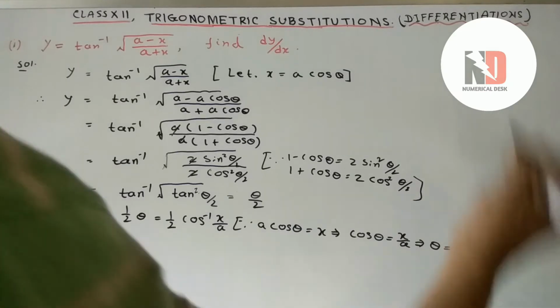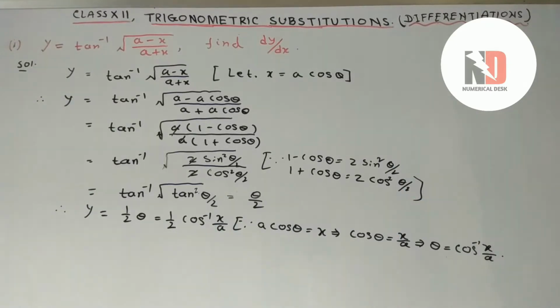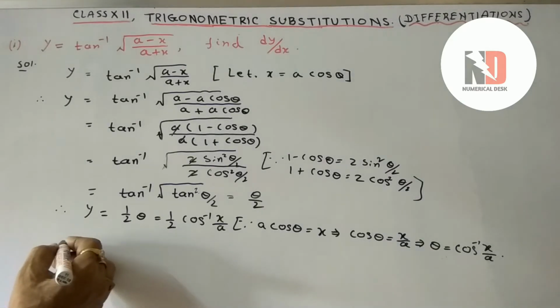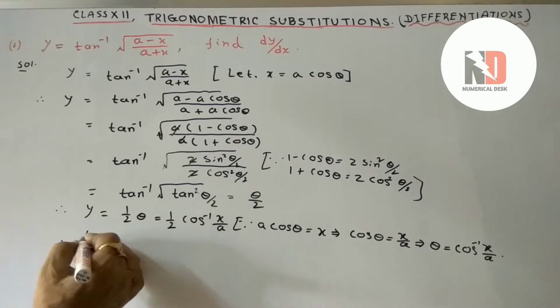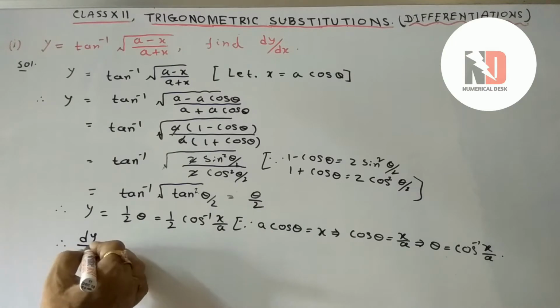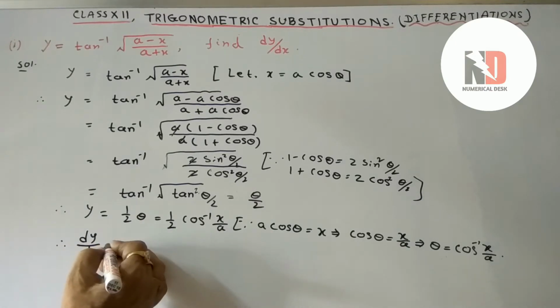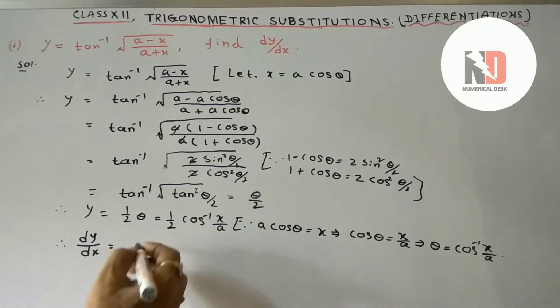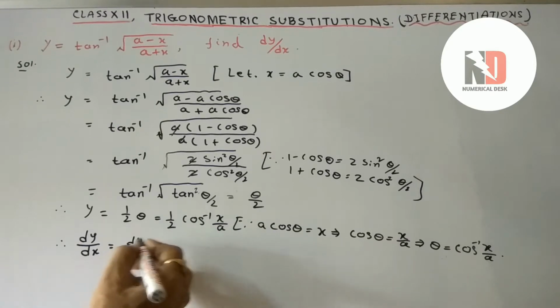It is better to show this because there is less chance the sum may have a problem. So y is equal to half cos inverse x by a.